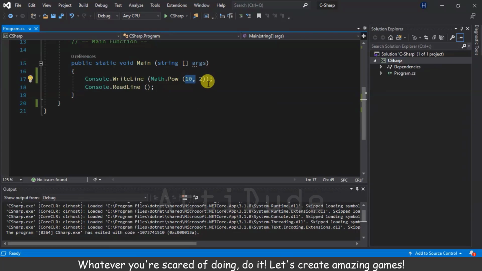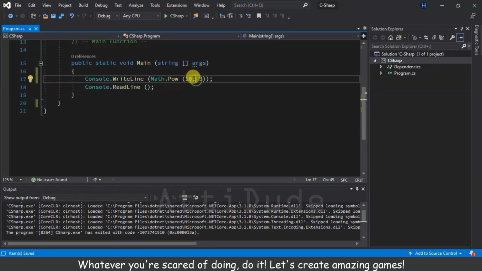Like we have 10, we're multiplying it by itself 2 times. That means 10 into 10, and that will give us 100. And if we were to write 3, it will be 10 multiplied by 10 multiplied by 10. That will give us the answer 1000. It works like that.